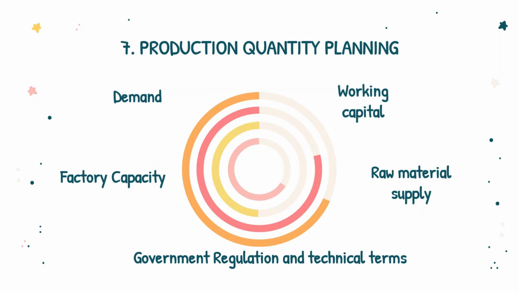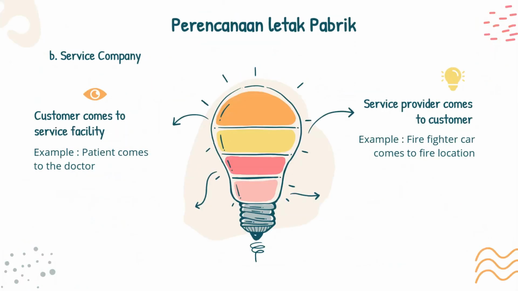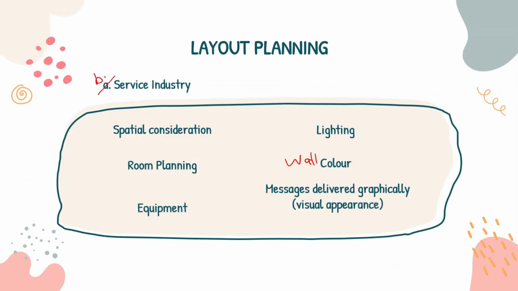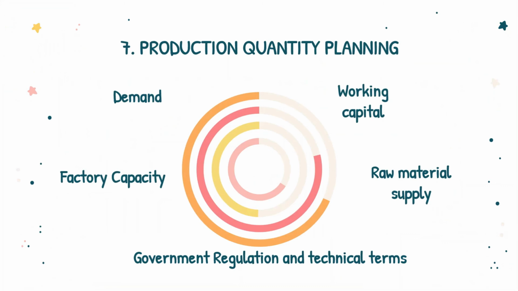Previously we were talking about production planning, but here we're talking about production quantity planning. In order to make a plan regarding how many products you need to produce in a certain time, you really need to consider the demand, your factory capacity, the government regulation and technical terms, working capital, and also your raw material supply.